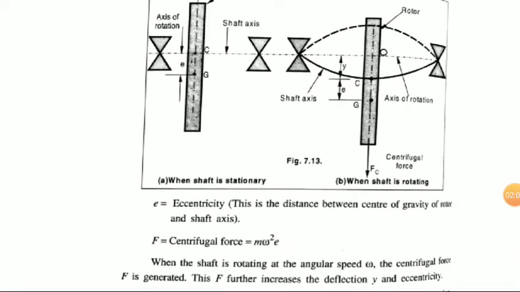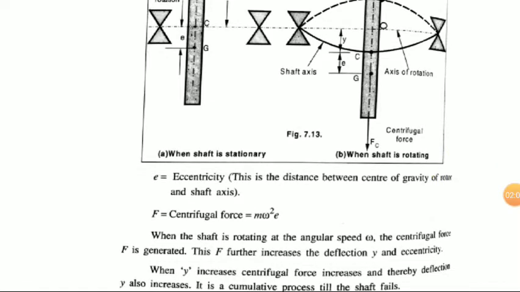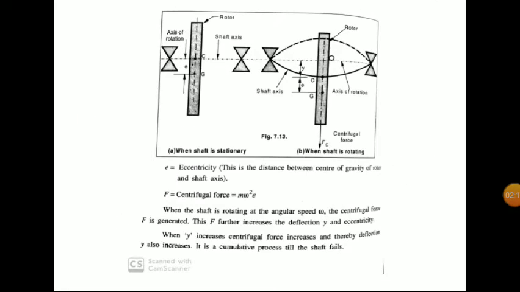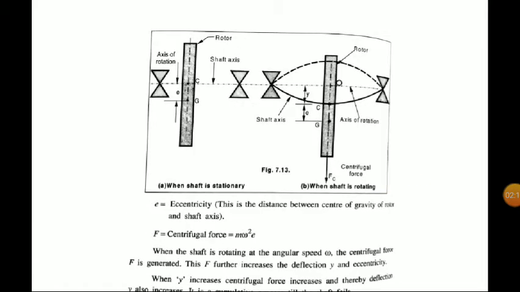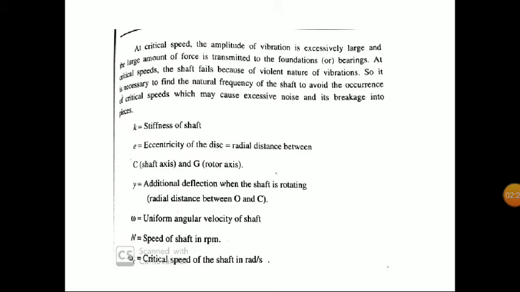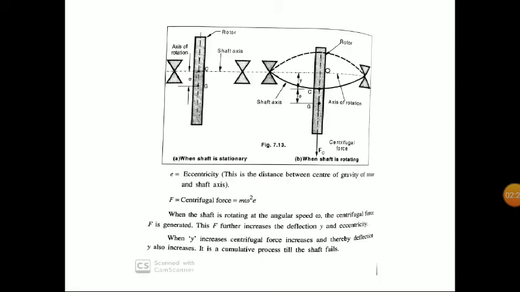So in the initial case, when the shaft is stationary, there acts a centrifugal force, that is m omega square e. And when the shaft starts to rotate, in addition to eccentricity, there is an additional deflection produced, that is y. So the total centrifugal force is m omega square into y plus e.